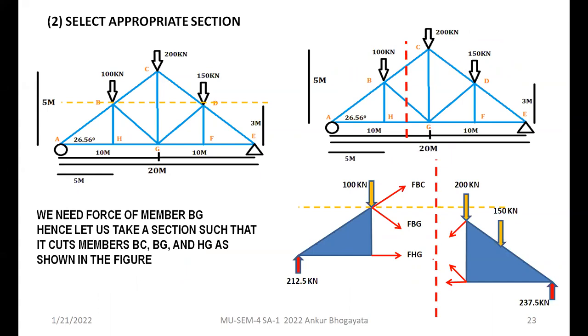So I have cut this truss like this, and you will see that I have replaced all the members with the force in the same geometry. You should not change this geometry in that case. Just simply cut it. That's all. So this is left hand side, this is right hand side. As usual, I'll be considering left hand side for solution of BG force, right?